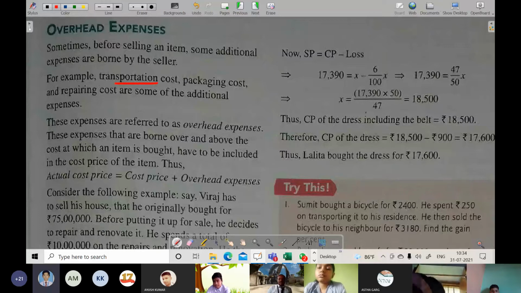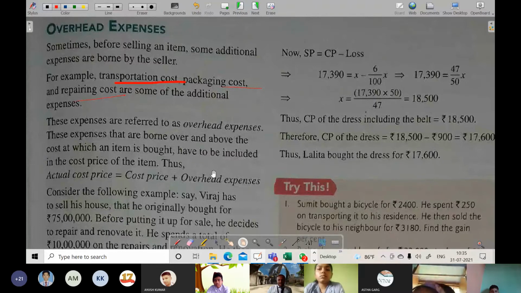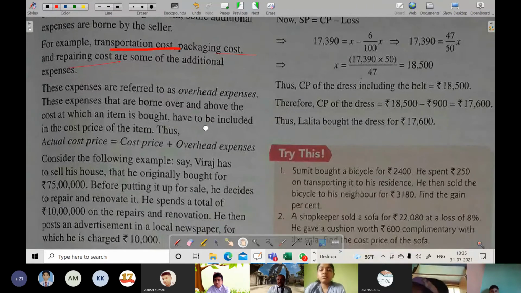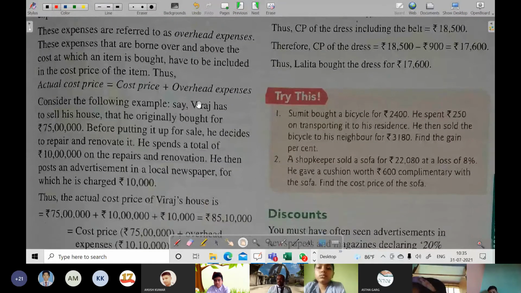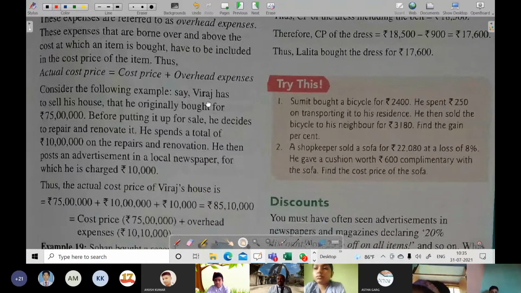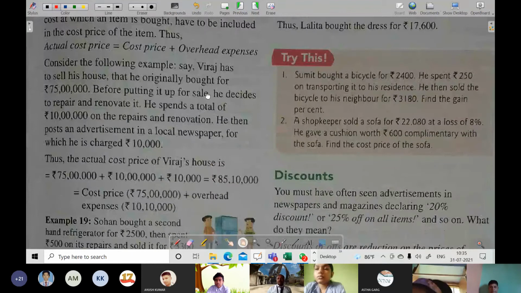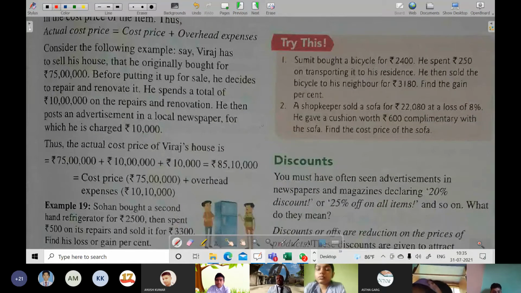Transportation cost, packaging cost, repairing, these are overhead expenses. Actual cost price is cost price plus overhead expenses. If any shopkeeper tells you that whatever price he bought at, he is giving you at the same price, and he is not taking any benefit, then he is saying wrong.